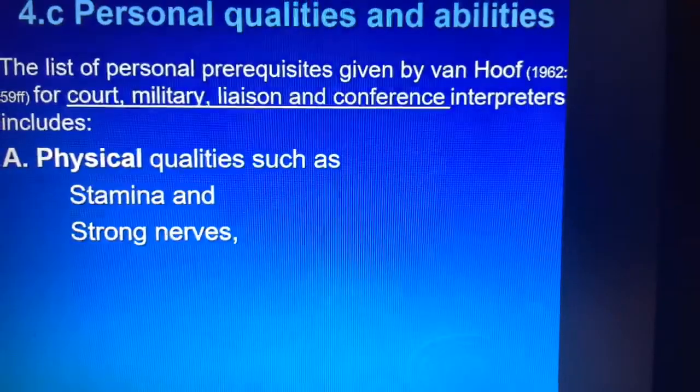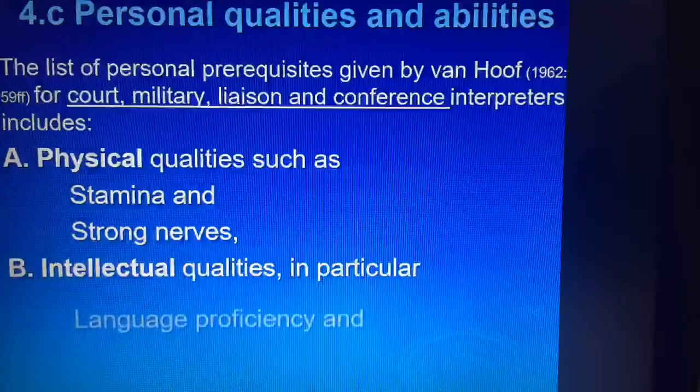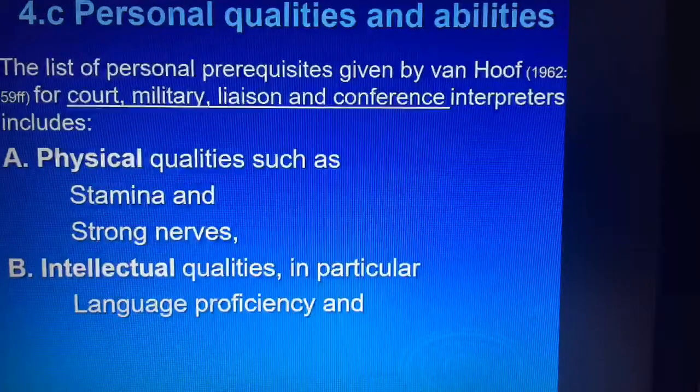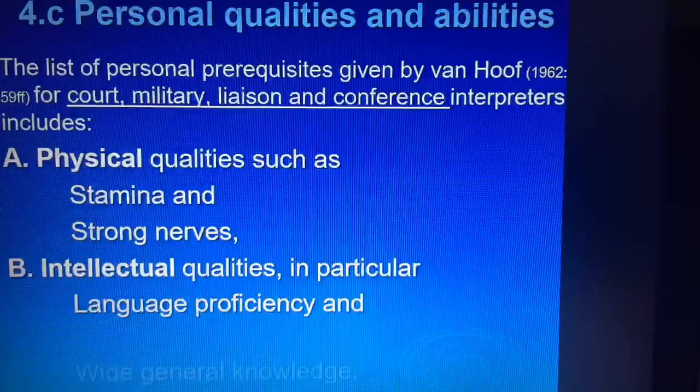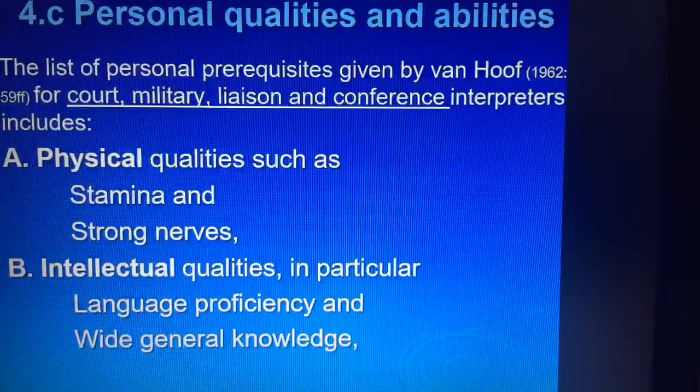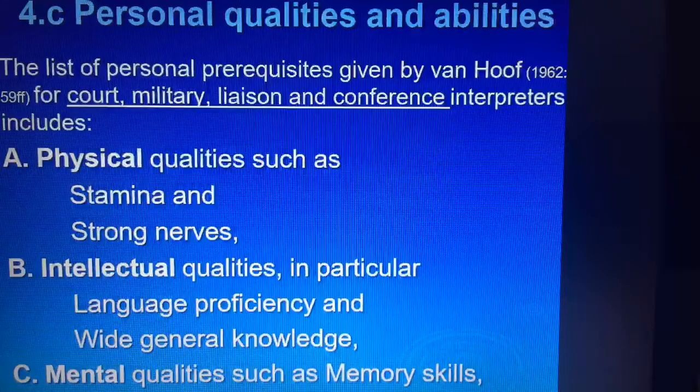And also there are other qualities, intellectual qualities, which relate to language proficiency, i.e. the words come to you very quickly, and you have wide knowledge in both languages as well. There will also be mental qualities which are related to memory skills, judgment, concentration, divided attention.